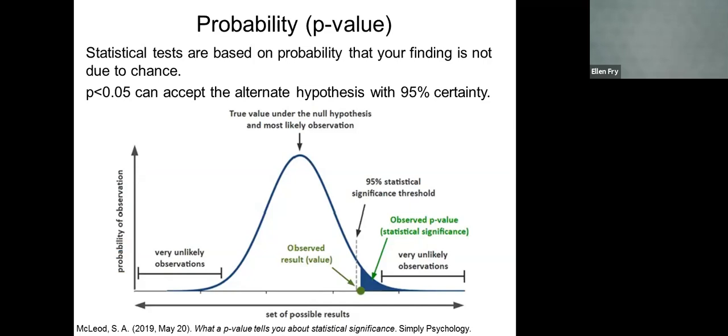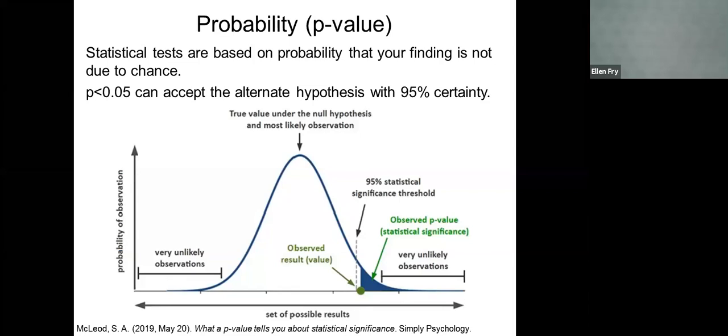Statisticians have chosen 95% as the statistical significance threshold. If you get a value of 0.05 or less in your statistical test for your p-value, you can be 95% certain that your result did not happen due to chance.